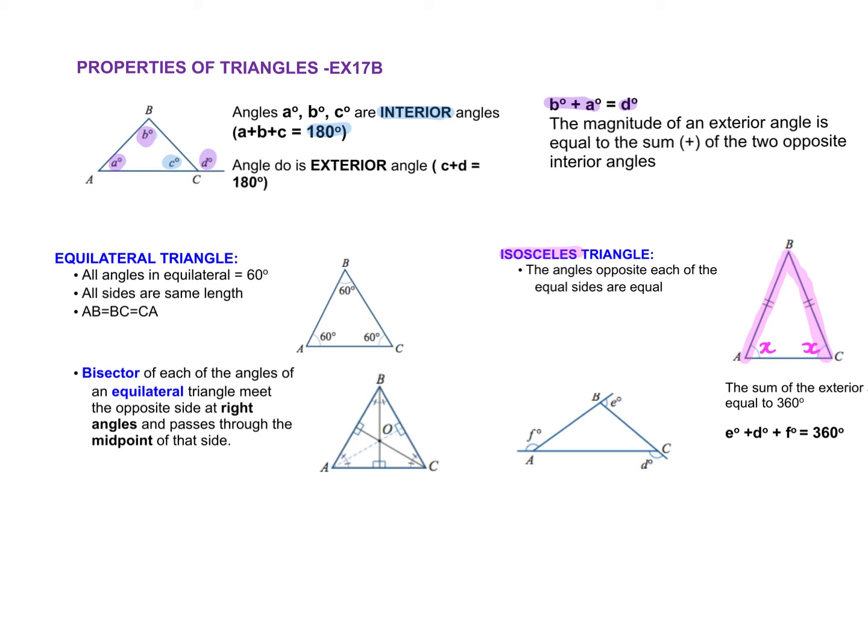If you have an equilateral triangle, equilateral means all the sides are the same, and the angles are also always going to be 60 degrees, because equilateral means their angles are all equal, and if the triangle has to add up to 180, an equilateral will always have 60 degrees at all of its angles.